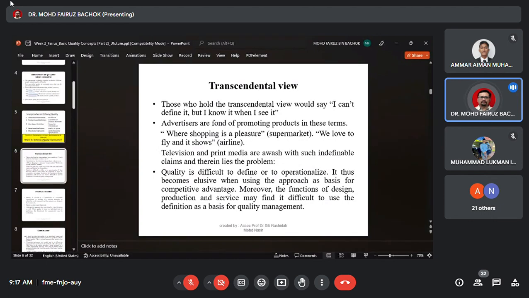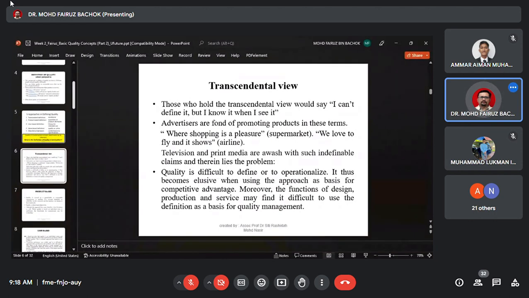Where shopping is a pleasure, we love to find an issue. When you look at one product or service, especially displayed on television or print media, they are going to overclaim something out of imagination to attract the customer.